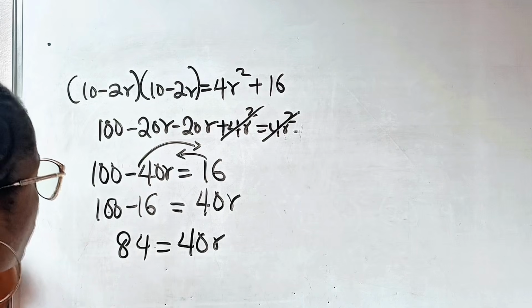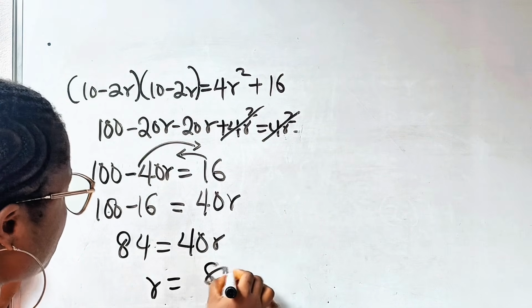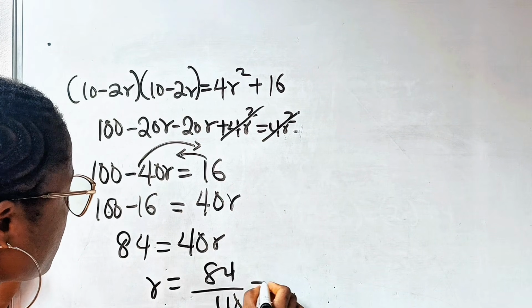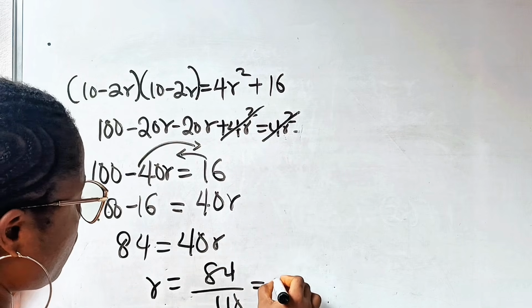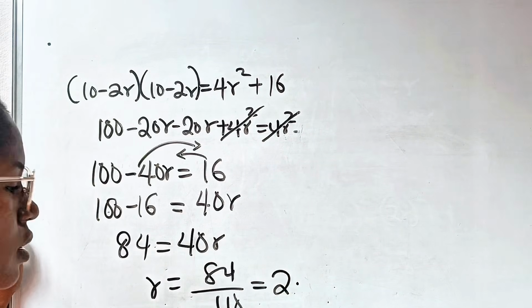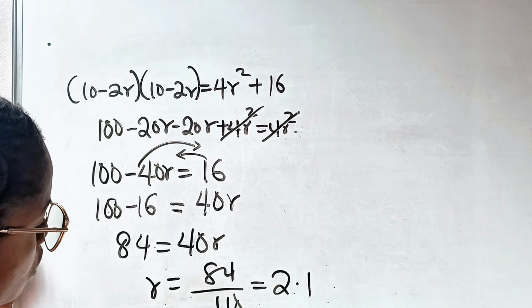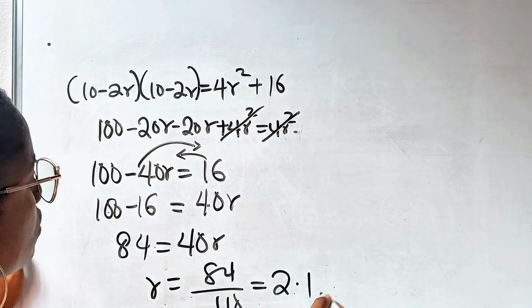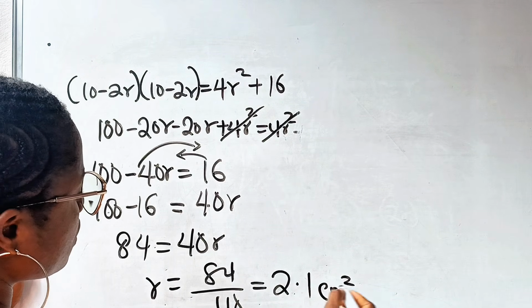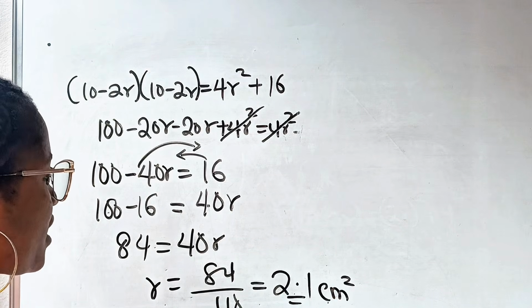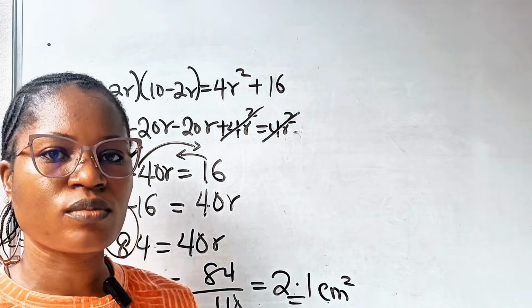So moving forward, we can say that R is 84 divided by 40. 84 divided by 40 will give us 2 remainder 4, right? Divide by 40 again. That will be 2.1 centimeters.